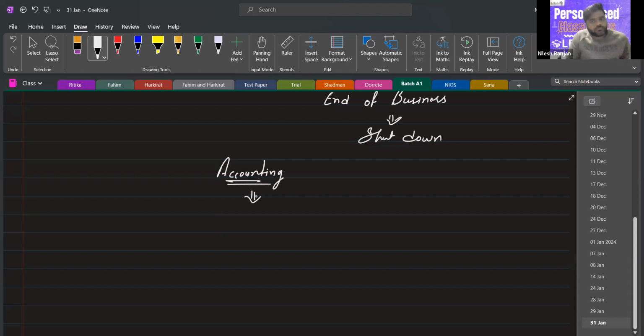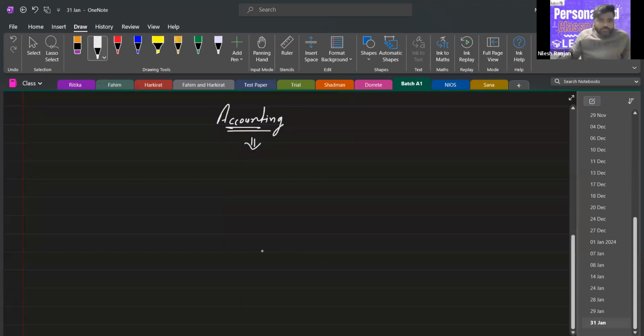So we'll give it to the partners. Yes, obviously, this balance also belongs to the partners, but now this is profit, because after payment of liabilities and payment of capital, you still have some amount left. This amount is called profit, and the profit should be distributed between partners in their profit sharing ratio.